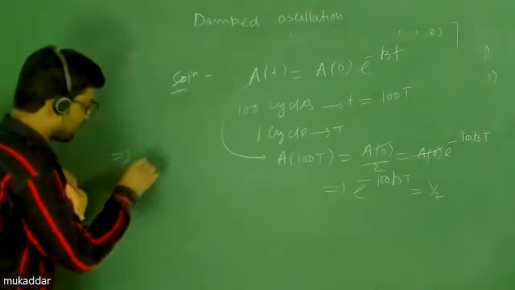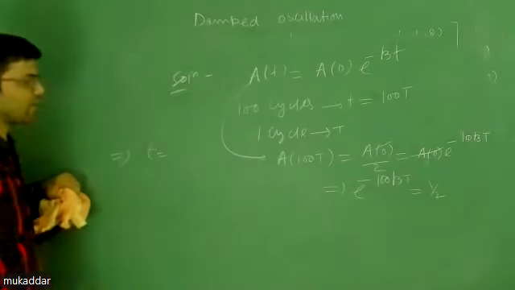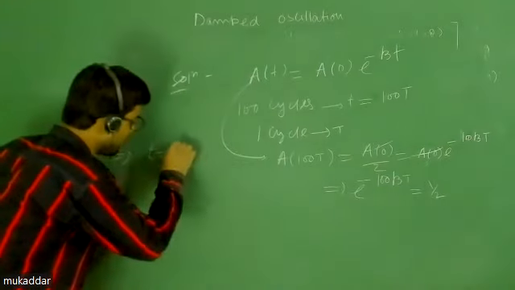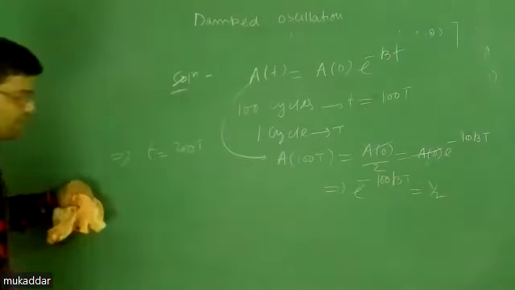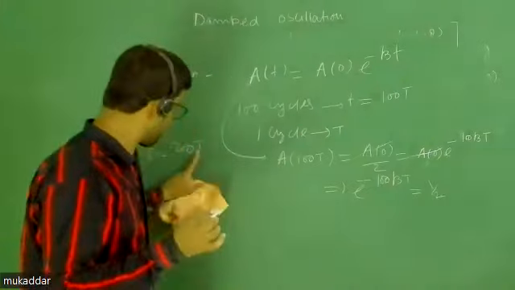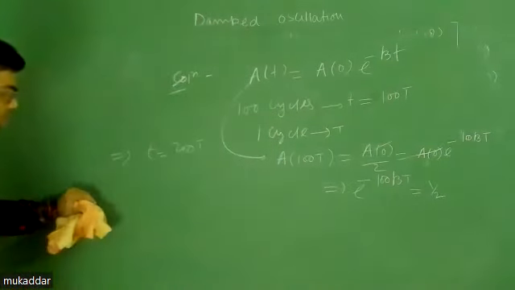Now you have to calculate for 200 cycles, how much time? That will be 200 into T. एक साइकिल के लिए कैपिटल T टाइम लगता है, 200 के लिए 200 into T लगेगा.